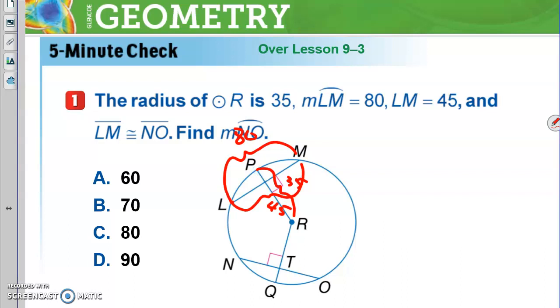We know that LM and NO, those segments, are the same, and we're going to find the measure of NO. As we talked about in section 9.2, if the chords are the same distance, then the arcs that they cut would be the same. So the arc up here was 80, so the arc down here would be 80.